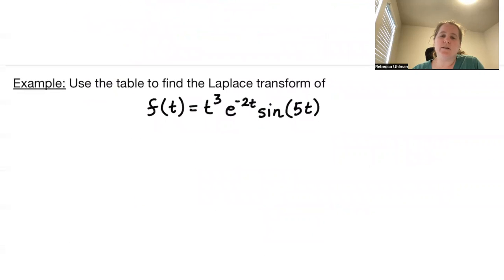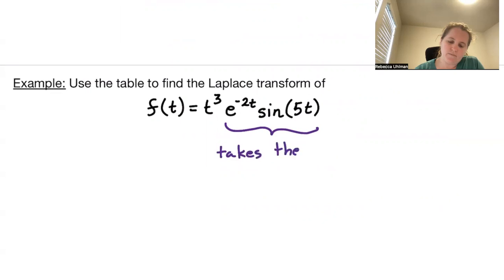Let's use the table to find the Laplace transform of t cubed times e to the negative 2t times sine of 5t. So we have e to the negative 2t times sine of 5t takes the form e to the lambda t times sine of omega t.